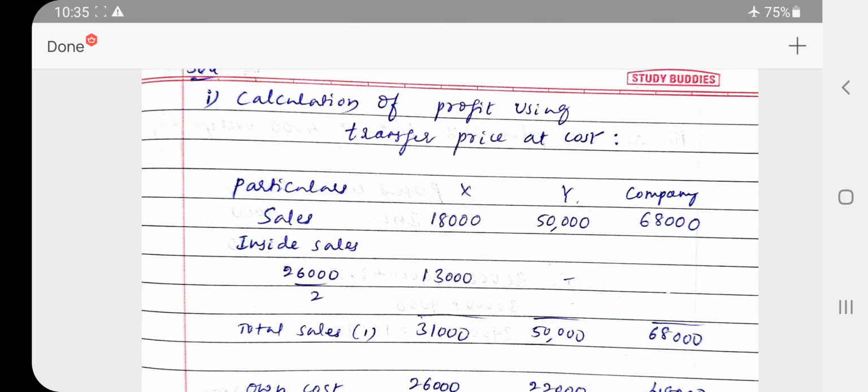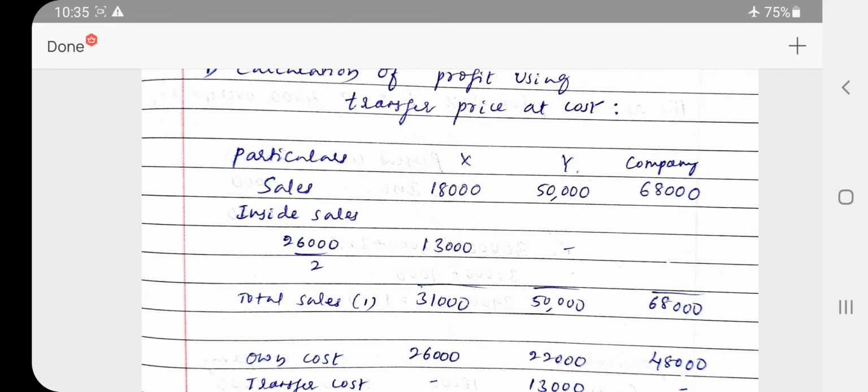Y doesn't sell half of its output to the open market somewhere else, and it doesn't send to X or anything. That is not there, and that information is not given in the problem. So for X only, the information they have given here means 13,000 half we need to take, and Y is nil, and we need to add it back to get the total sales.